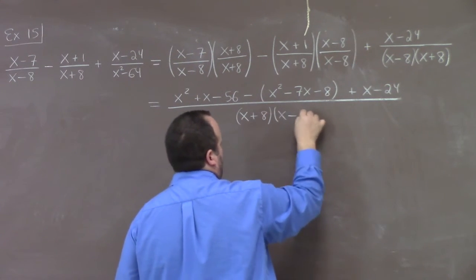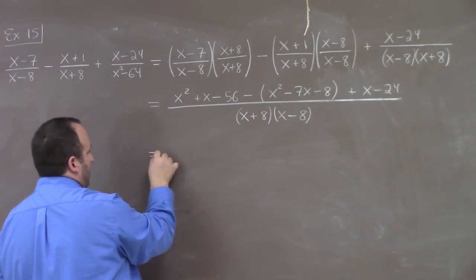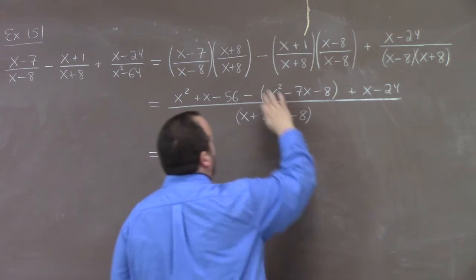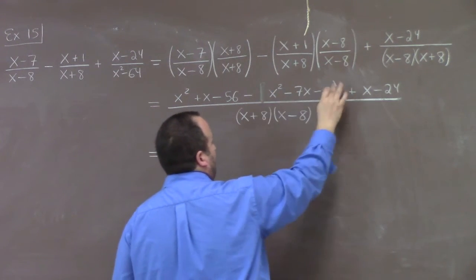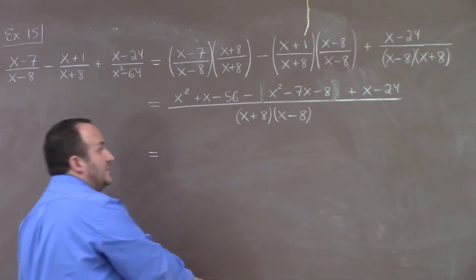You can simplify in the middle. One of the things I'm going to emphasize here is that these parentheses are really important. If you don't use them, it's very likely you'll make a sign error.